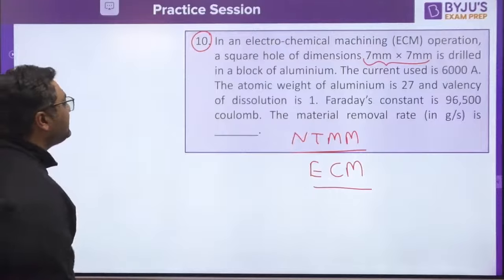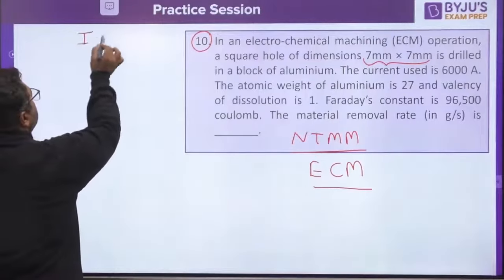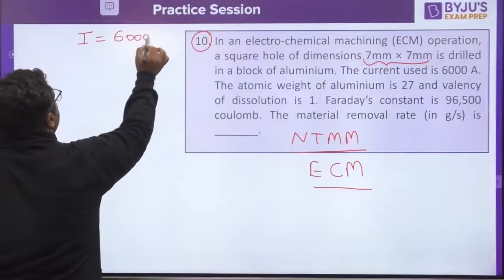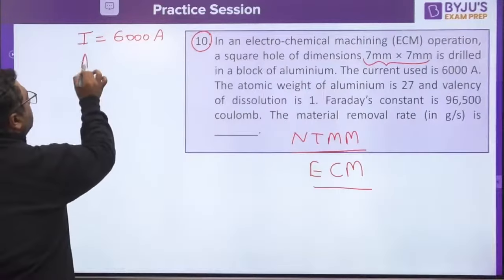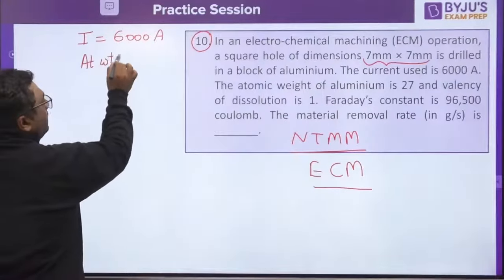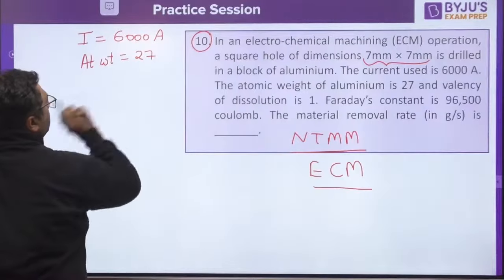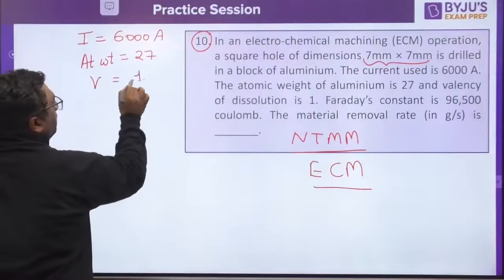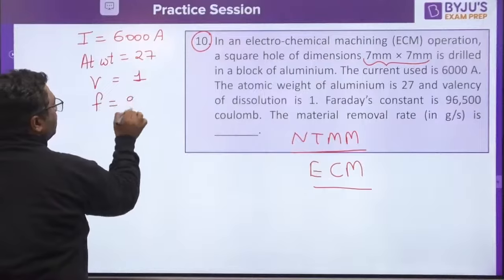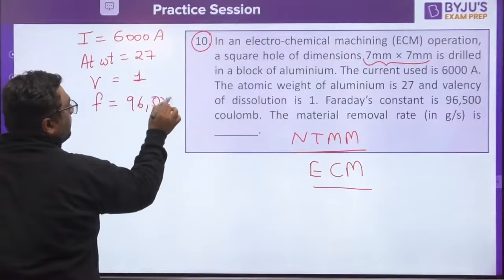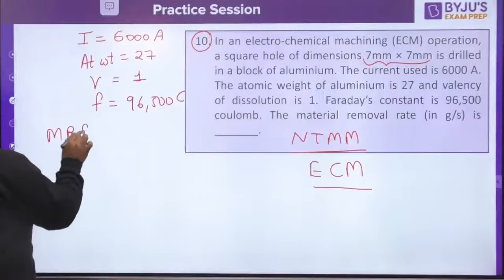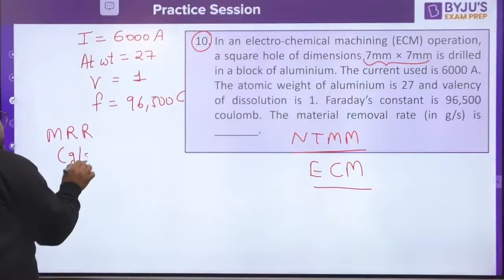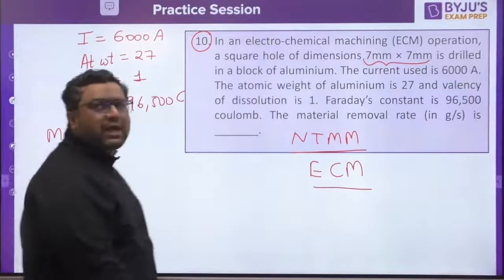The current used is 6000 amperes. The atomic weight is 27. Valency is 1. Faraday constant is 96,500 coulombs. You need to find the MRR in gram per second. We have seen many formulas to find the MRR.